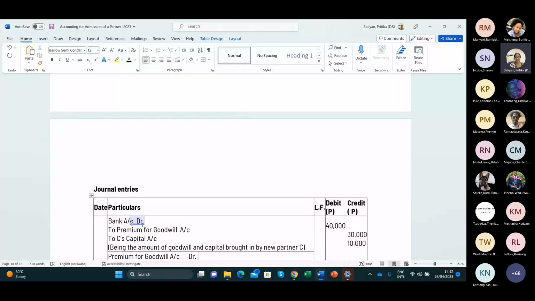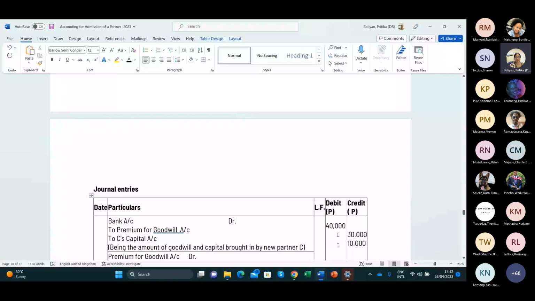So either you can write cash account, debit, and the amount will be written in the debit column, to premium for goodwill account and also the capital account.